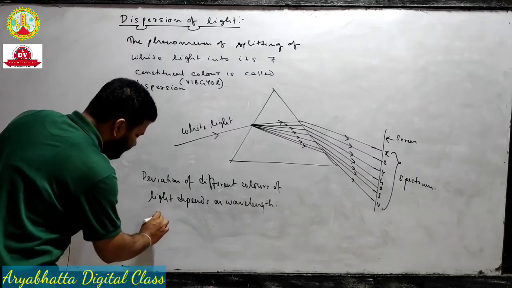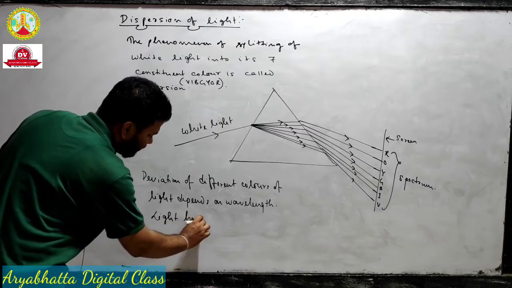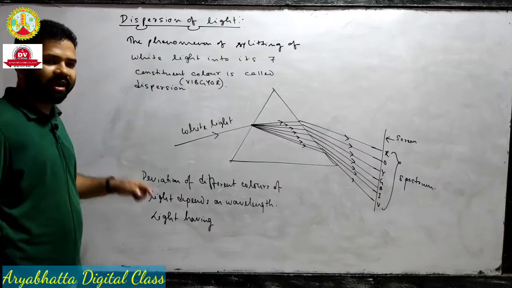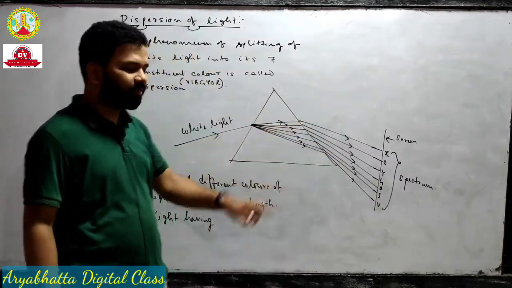Light having minimum wavelength, that is violet, will suffer maximum deviation.